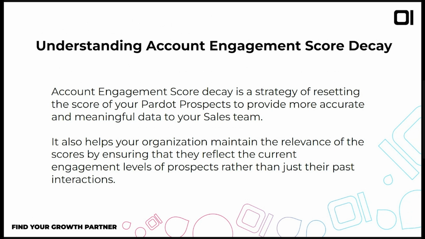This will also help your organization maintain the relevance of the scores by ensuring that they reflect the current engagement levels of prospects rather than their past interactions. That would also help your sales team spend more time on the prospects or leads that are currently active.